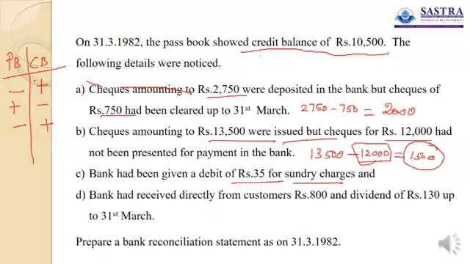The bank had received directly from customers 800 rupees and a dividend of 130. Whatever be the standing instruction to the banker to collect our securities, our investment income, interest or dividend from any kind of investments, the bank tends to collect. In that manner, the bank has now collected 130 rupees dividend from a security, which keeps the bank's balance higher but not the cash book.